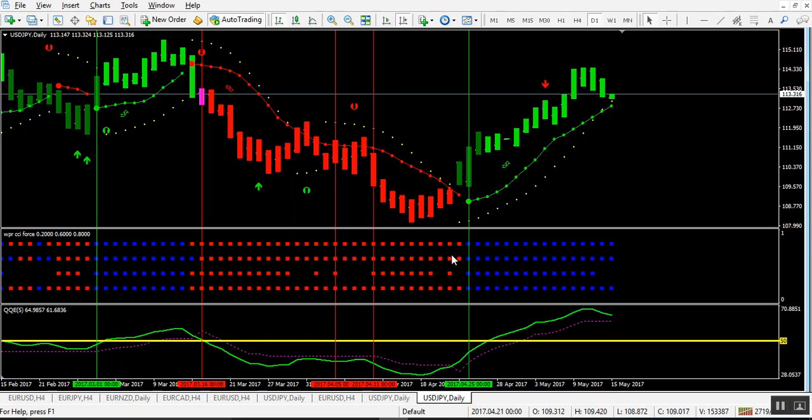And you see there's a Force trend down, the CCI trend down. So the lines here are lime, red, and red like that.